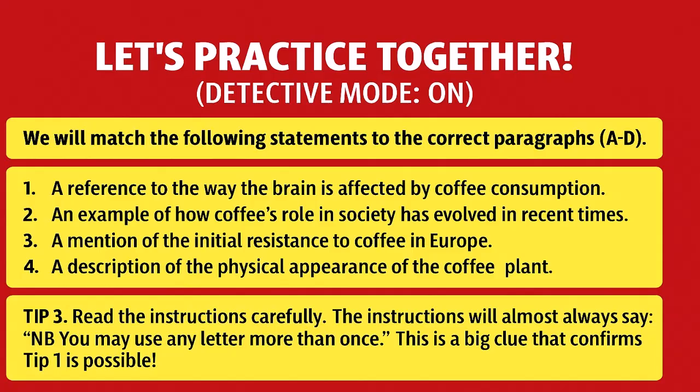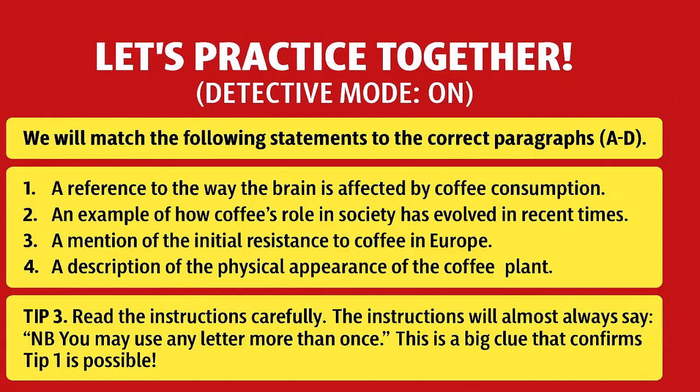Statement 2. An example of how coffee's role in society has evolved in recent times. My keywords are role in society, evolved, which means changed over time, and recent times, which means modern times. The information type is an example. Statement 3. A mention of the initial resistance to coffee in Europe.